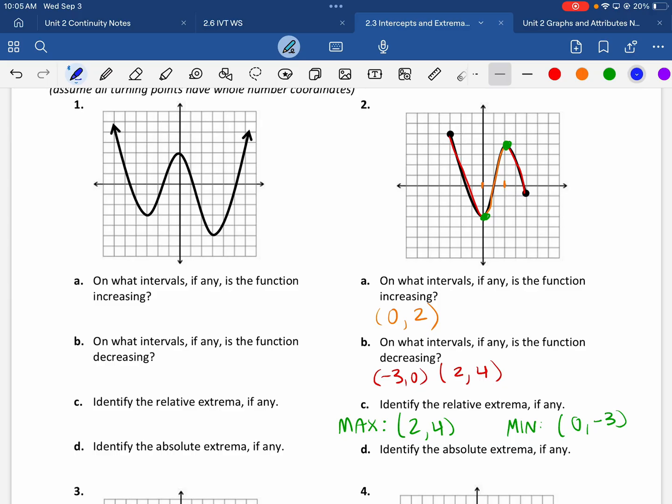All right, so I've got my relative max and I have my relative min. The relatives come from all of the humps. Now for your absolute, that is the very, very highest and the very, very lowest. What is the highest point this graph goes to? Negative 3, comma 5.